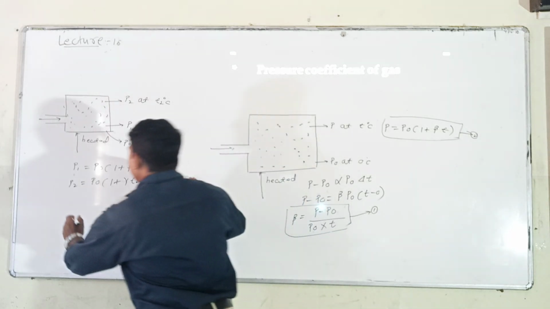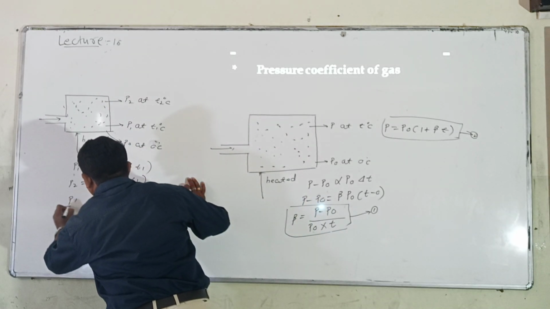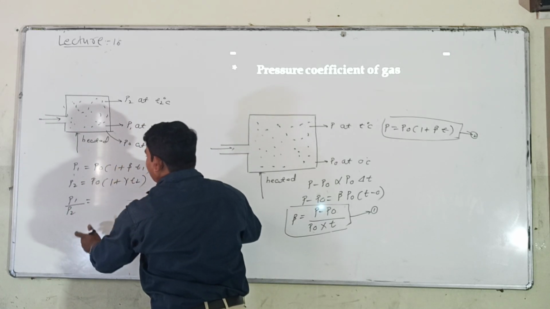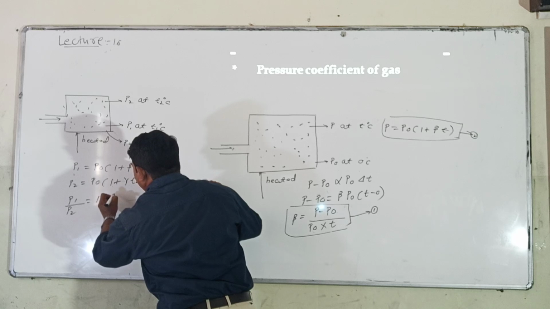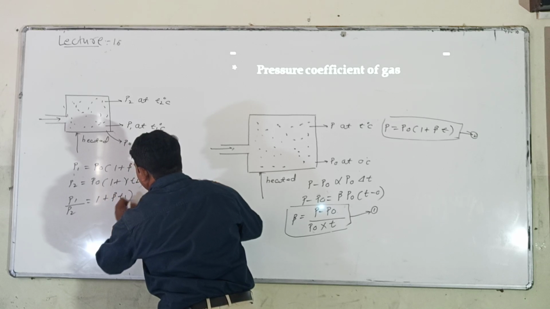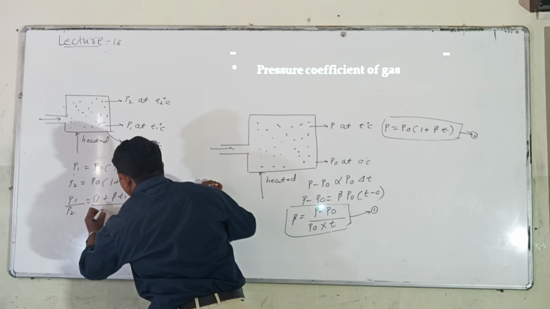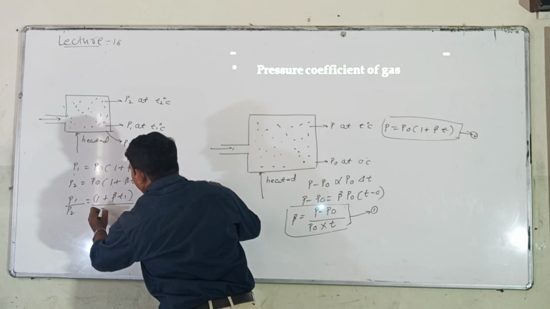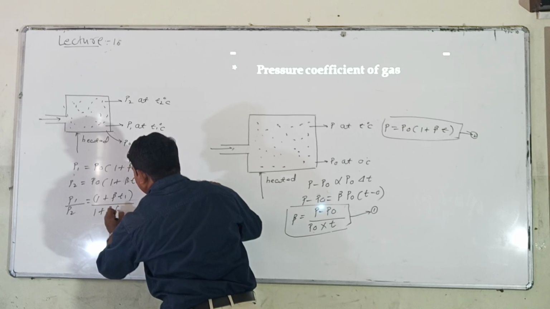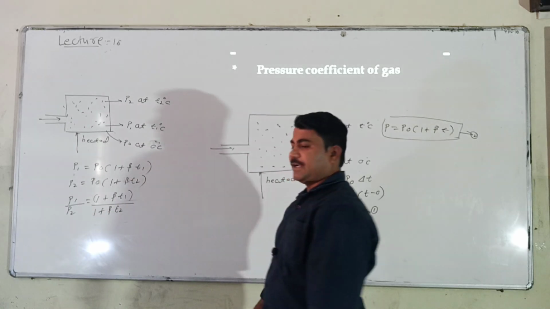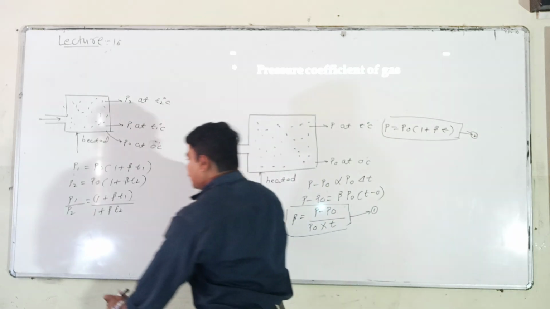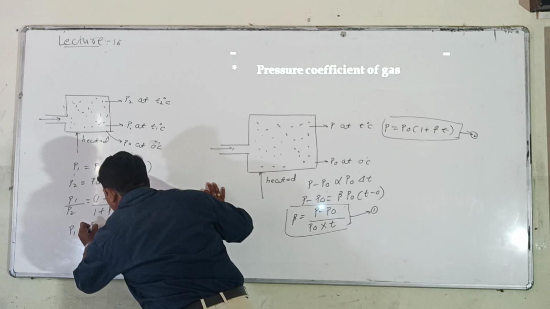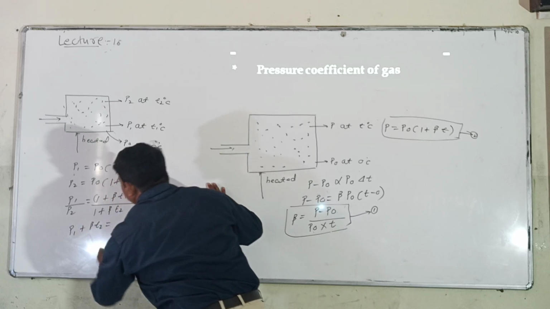P1 divided by P2 is equal to how much? P0 gets cancelled. What is remaining? 1 plus beta into T1 whole divided by, sorry, it is beta not gamma, 1 plus beta into T2.